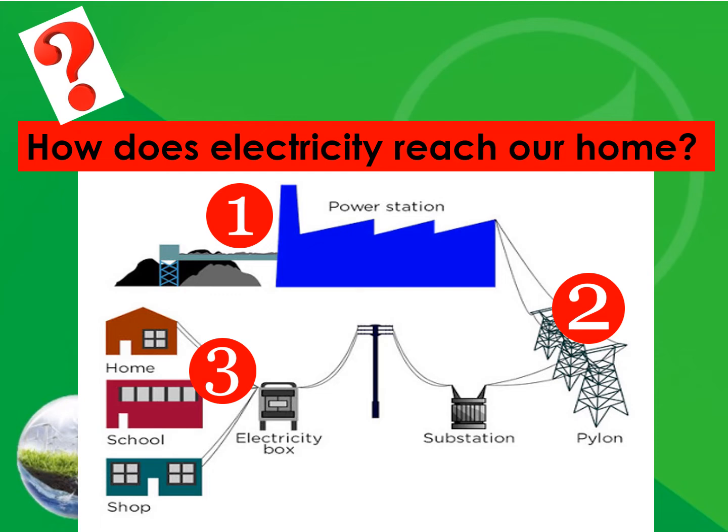So we have the stoves, we have a kettle, we also have our washing machine, which we use to clean our dirty clothes. And we also have our vacuum cleaner, which we use to clean our house. So there are different electrical devices that we can find in our home.